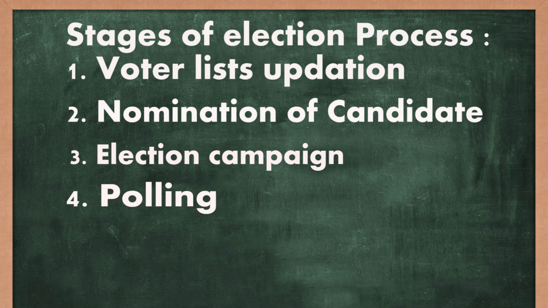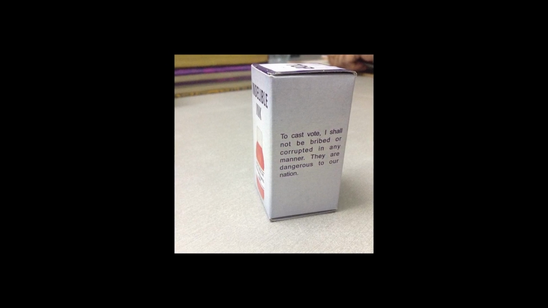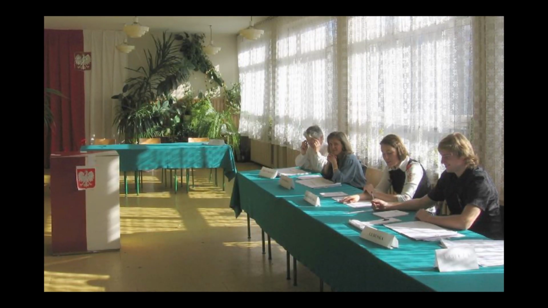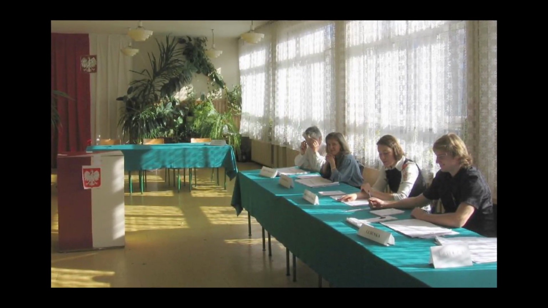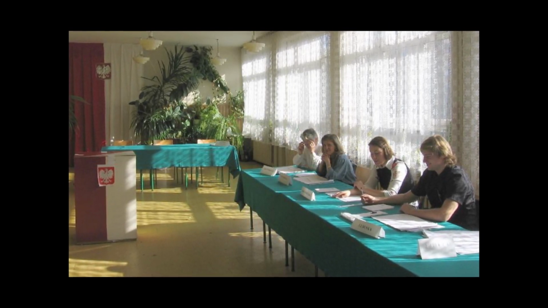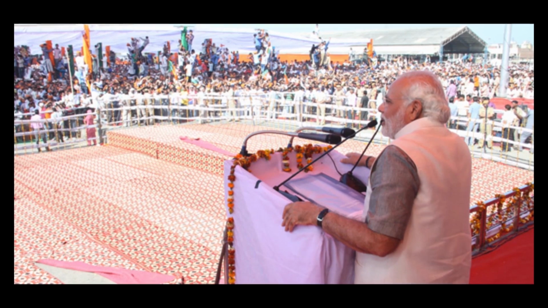Number 5. Counting of votes. A few days after the polling day, on a fixed date, the counting of votes is carried out. The agents of all the candidates are allowed to witness the process of counting of votes to ensure that the counting is done properly and not manipulated. Number 6. Announcement of results.